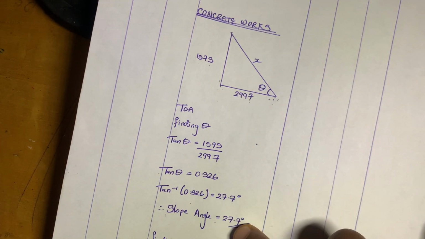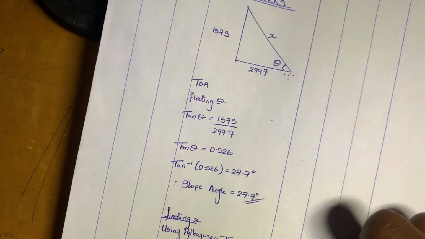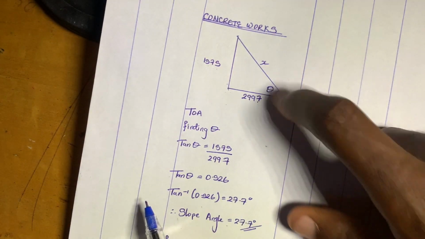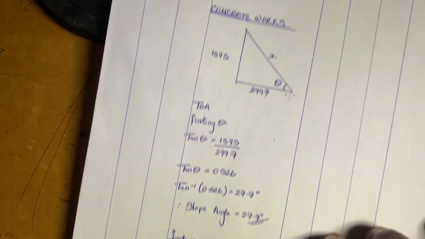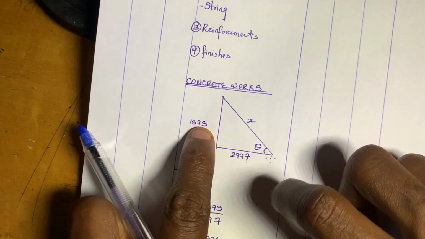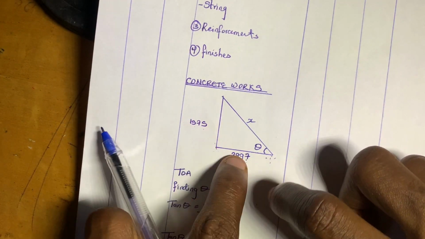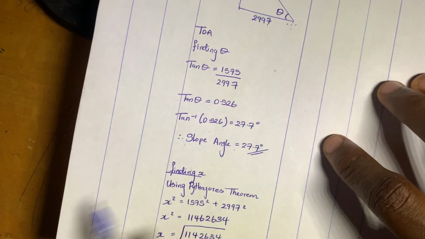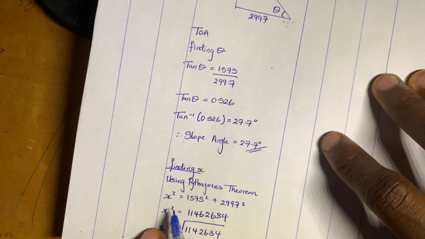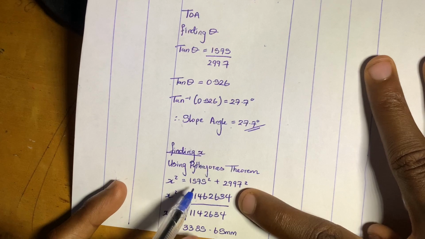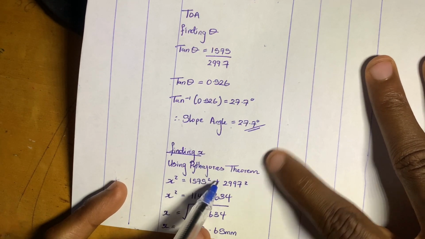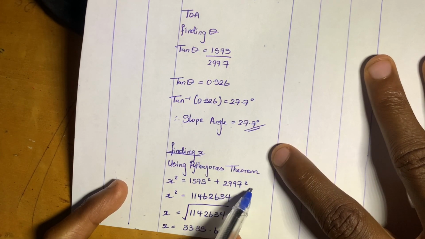So now that we have our slope angle, the next thing we're going to be calculating is x, which is the surface of the staircase or the string. So now we can use Pythagoras theorem. Since we have two parameters, we have the opposite and we have the adjacent, so we can now say x square is equal to opposite square, which is 1,575 square plus 2,997 square.